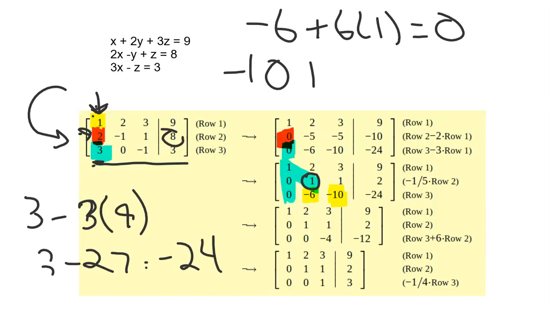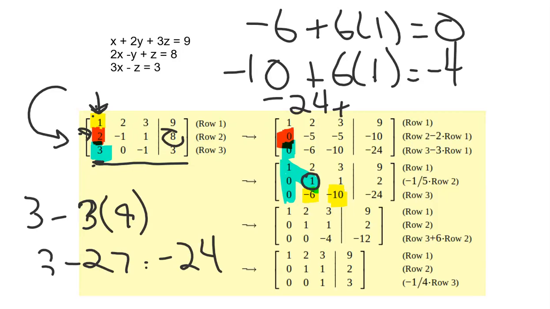Negative 10 plus 6 times row 2 is going to give me a negative 4. And my negative 24 plus 6 times 2 is going to give me a negative 12. So my new row is going to be 0, 0, negative 4, and negative 12.